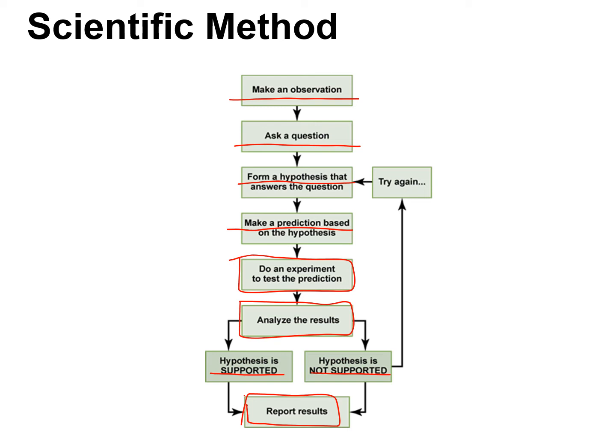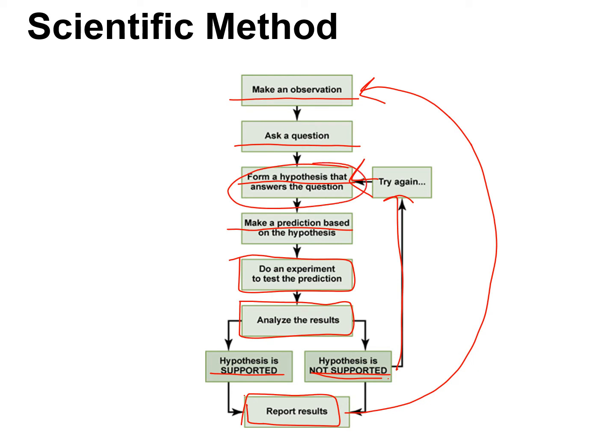If the hypothesis is not supported, then you would go back and modify your hypothesis, because obviously your hypothesis was incorrect for some reason. The report that you generated is a new observation, so now you're going to modify your hypothesis and then test it again.